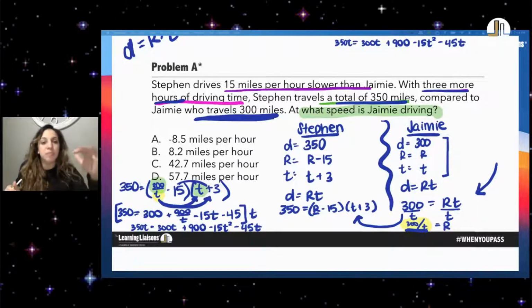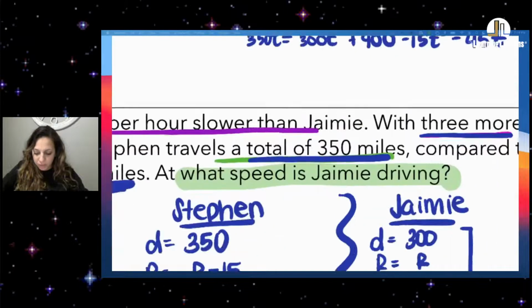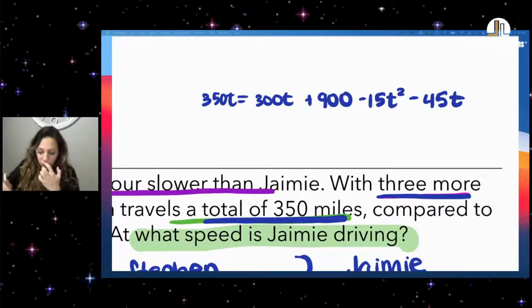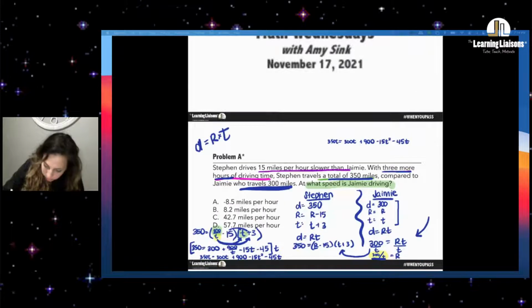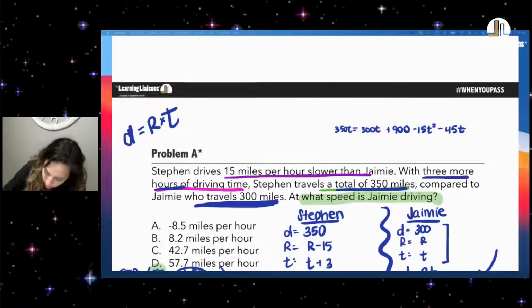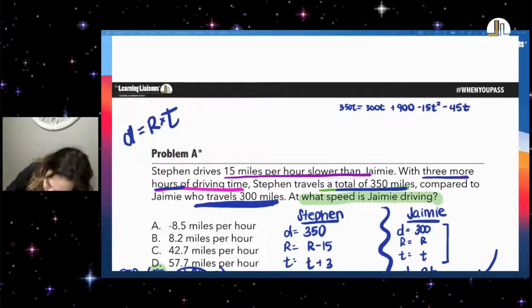So I'm going to move everything over to the right side of the equation. So I'm going to get minus 350t minus 350t. So I have 0 equals negative 50t plus 900 minus 15t squared minus 45t.